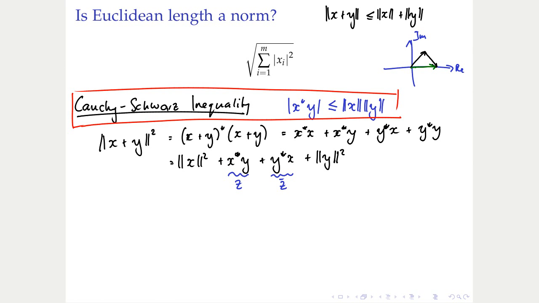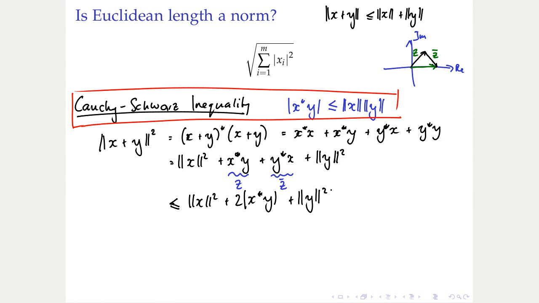So the length of this black line is the absolute value of z. This one's z, this one's z bar. So what we can say is that sum is less than or equal to twice the absolute value of x star y plus norm y squared.